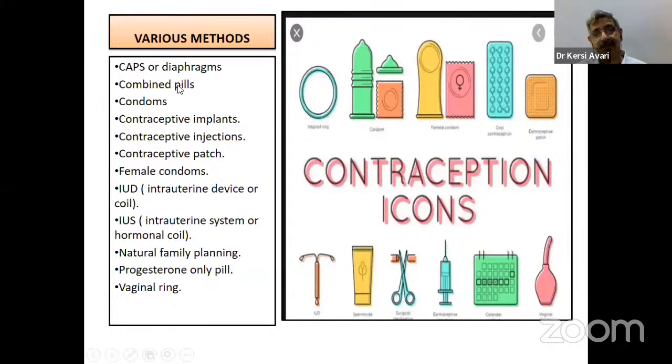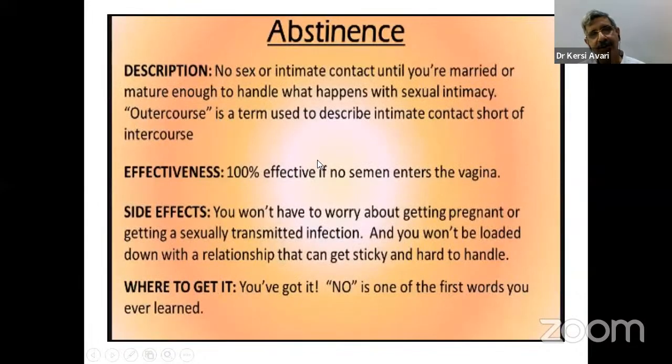These are the various methods: caps, diaphragms, pills, condoms, implants, injections, patches, female condoms, IUDs, intrauterine hormonal coil, natural family planning, progesterone, vaginal ring. Or the very nice thing: simply you have to say no. So no sex or intimate contact unless you are married, or what we call outercourse, everything short of intercourse.